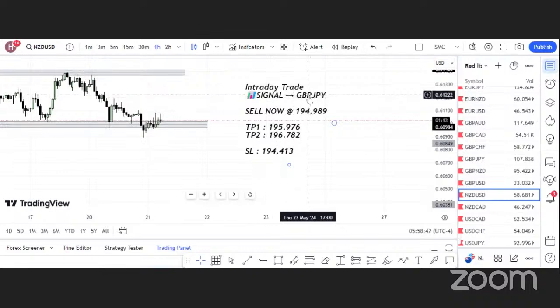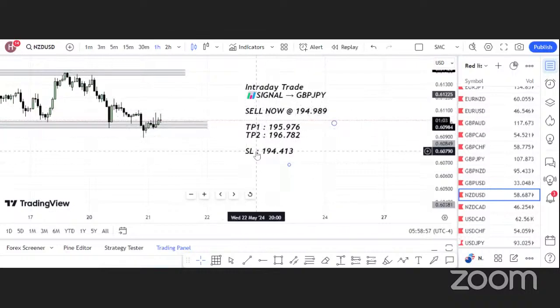So what you're expected to do here is go to GBP JPY and sell. This is the price you are selling from. And we have the TP, we have the TP2, and then we have the stop loss.